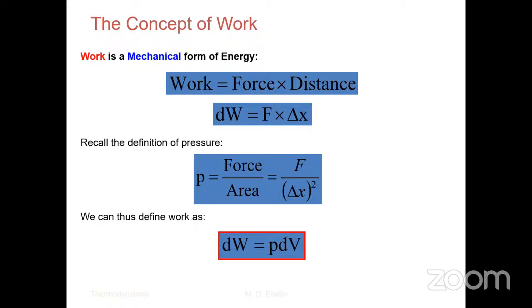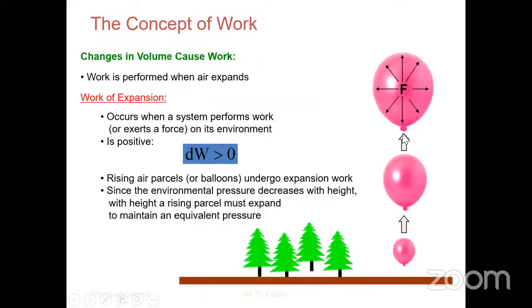That delta X cubed is your delta V. The X cubed is your volume. So when you replace it there, that is how you can define work as dW is equal to P dV. Okay, let's go on.